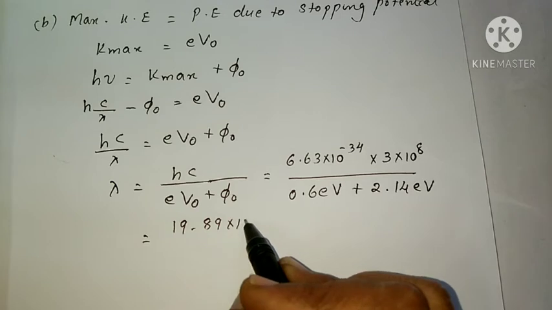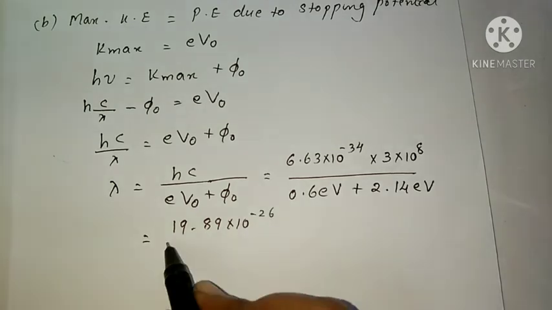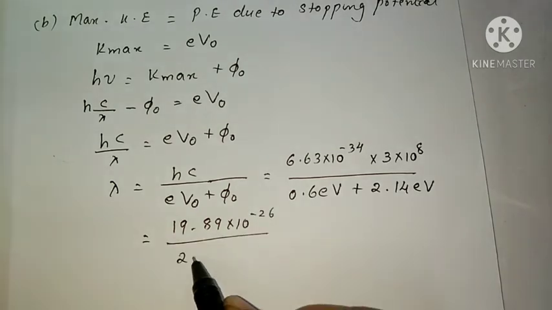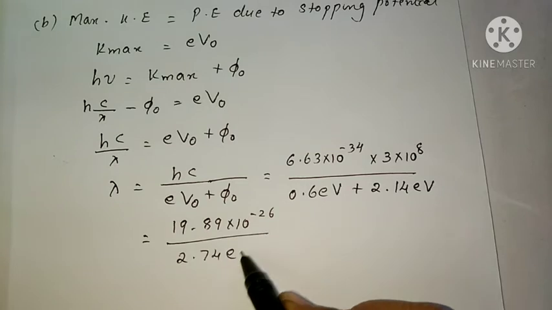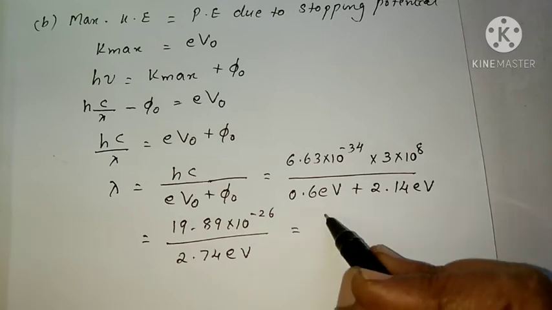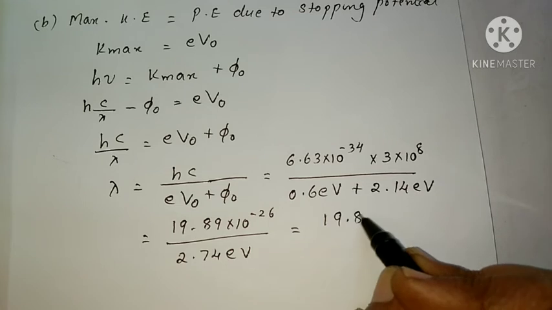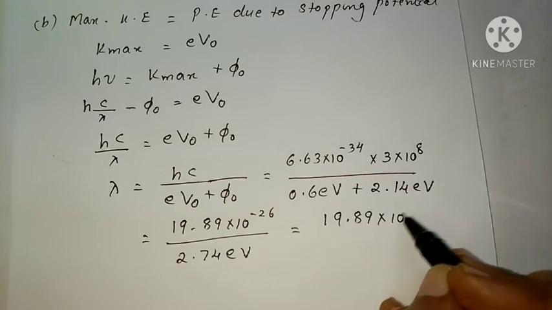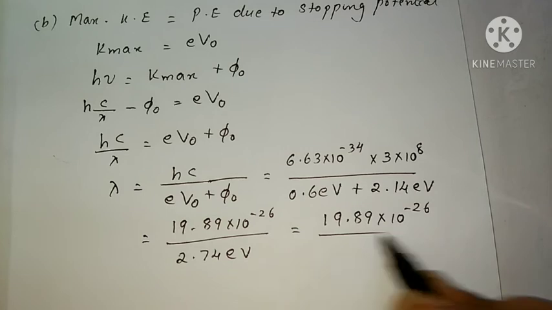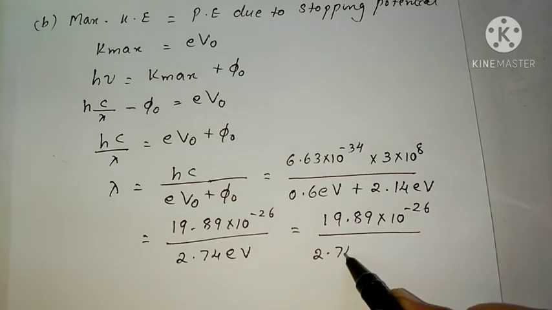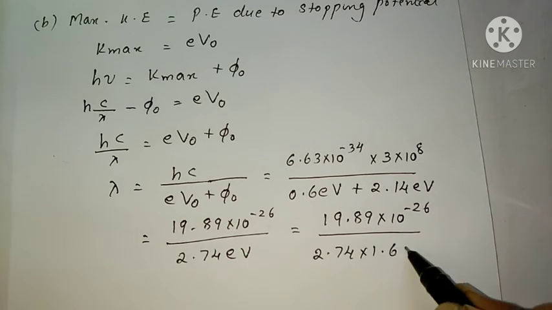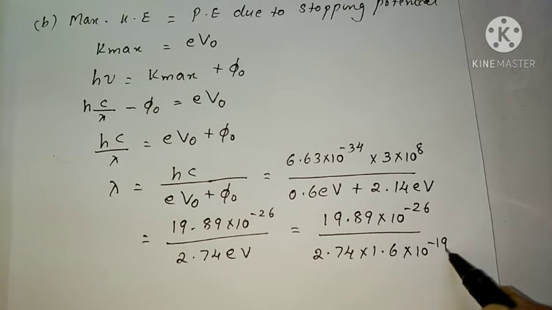So we get 19.89 into 10 raised to minus 26 divided by 2.74 electron volt. Now you multiply this with 1.6 into 10 raised to minus 19, then it is converted into joule. So we can write 19.89 into 10 raised to minus 26 divided by 2.74 into 1.6 into 10 raised to minus 19.